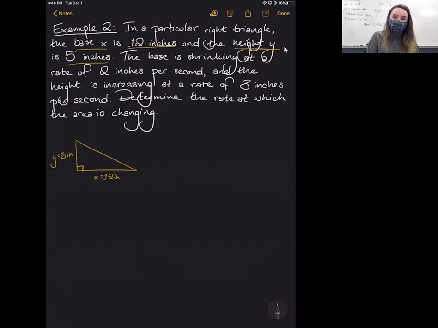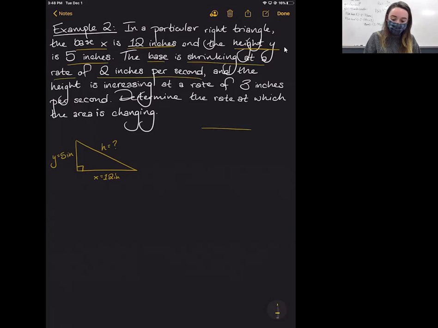So we're going to have this hypotenuse h, and we don't know what that h is yet. We'll find out in a second. Let's see, what else do we know? We see that the base is shrinking at a rate of 2 inches per second.